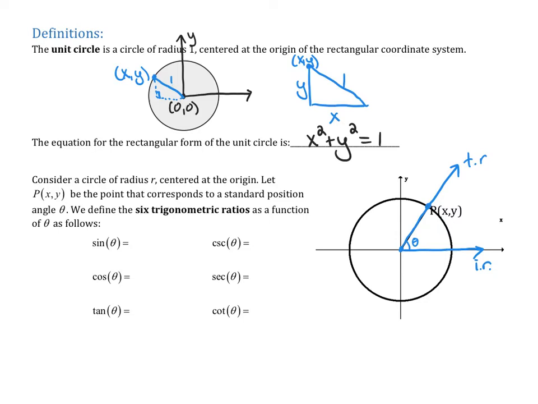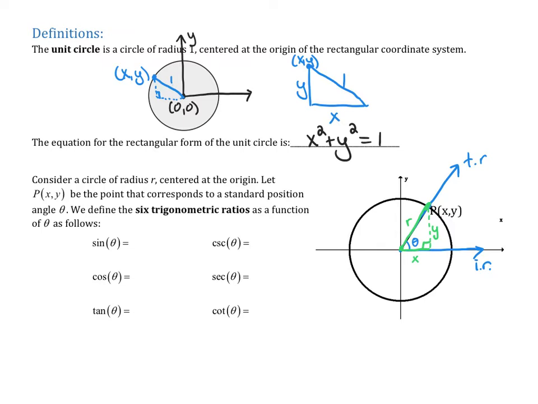We're going to do the same thing as we did in the last circle, and drop that altitude. So now we have a triangle whose base is x and whose height is y, and whose hypotenuse is the radius of the circle, or r.